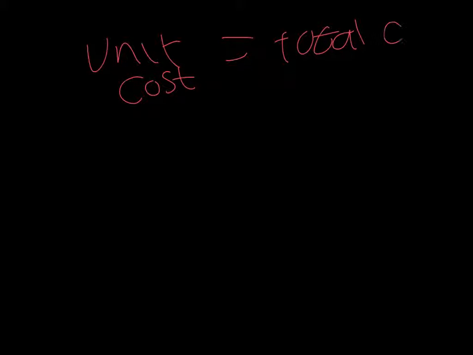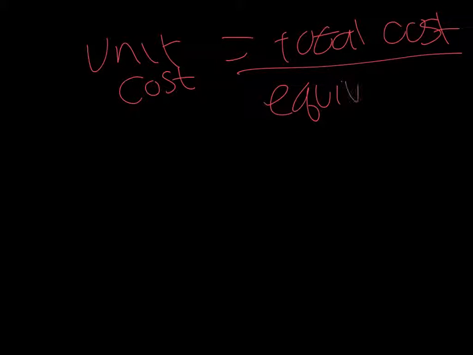When you know the output and you know how complete something is, the unit cost is going to be equal to the total cost divided by equivalent units, which accounts for beginning work in process and ending work in process inventory.